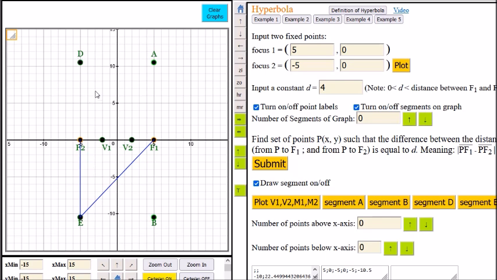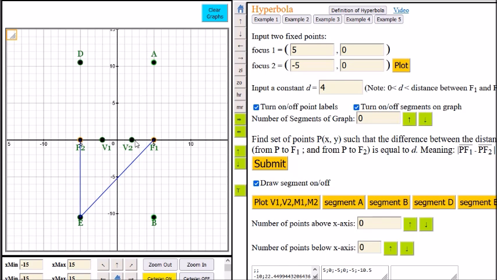We want all points such that the difference between the distances from the point to F1 and F2 is this constant 4. And the same thing for V1 right here. The distance from V1 to F2 is 3, the distance from V1 to F1 is 7, so the difference is 4.